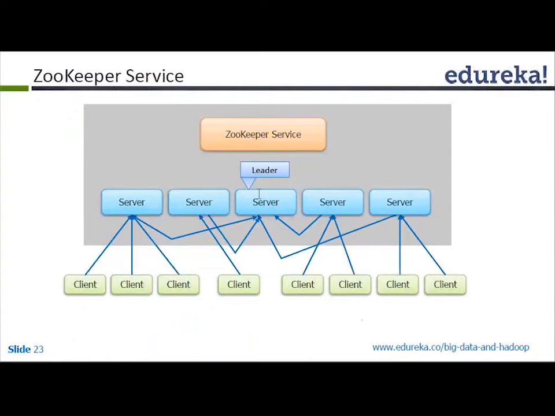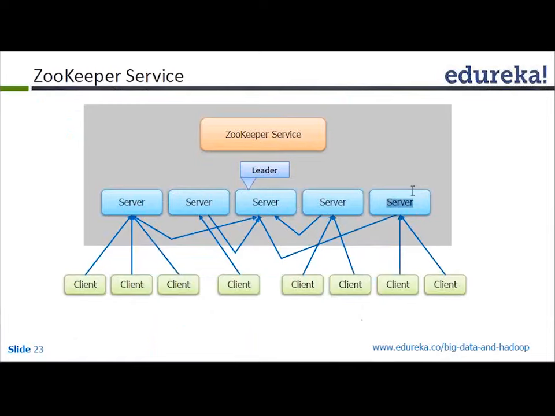In a Zookeeper ensemble, typically you will have one leader. All updates will go through the leader, whereas all the other Zookeepers will be serving the clients. Zookeeper gives you certain guarantees, such as sequential consistency.